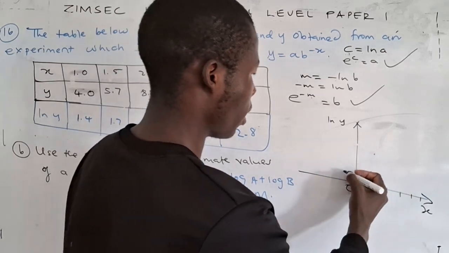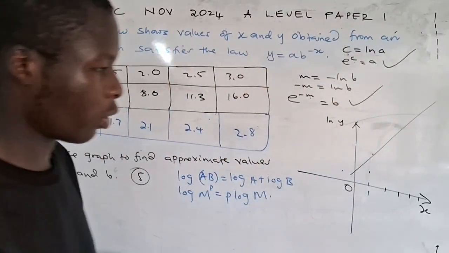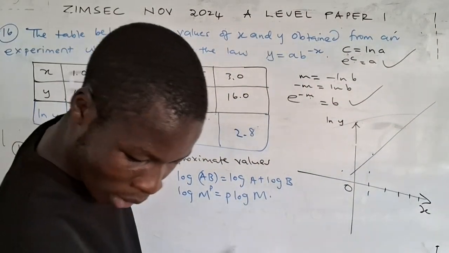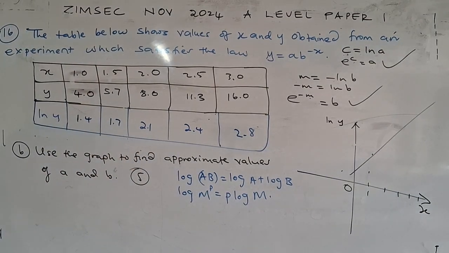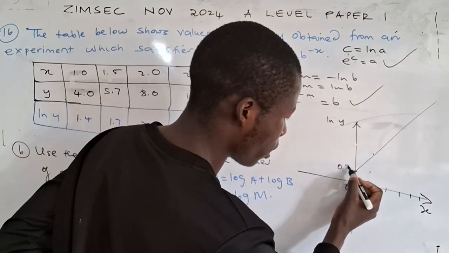It will cut the y-axis here. Here, if x is 0, I got 0.7.